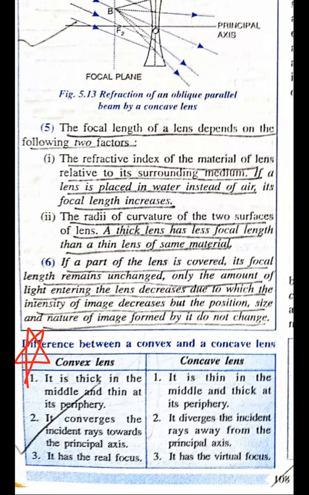In a concave lens, the middle is the thin part and the thicker parts are at the periphery. A convex lens converges the incident ray towards the principal axis, and a concave lens diverges the incident ray away from the principal axis. A convex lens has a real focus, and a concave lens has a virtual focus. These are the major key points which you need to remember.